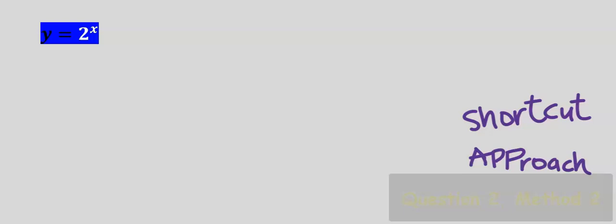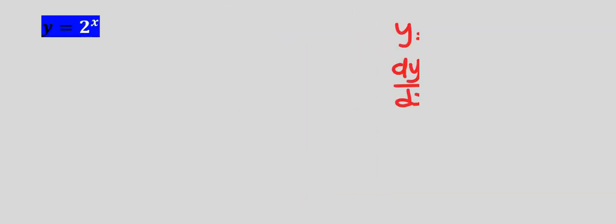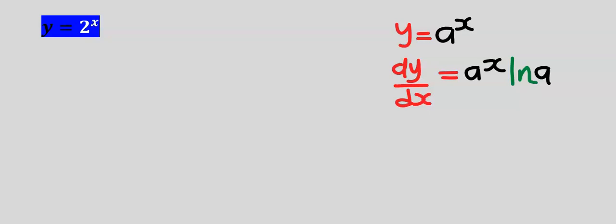Alternatively, using the shortcut approach, the basic derivative table, when you differentiate an integer to the power of x, it will give you that integer to the power of x multiplied by the natural log of that integer. Applying this concept to this question, the dy dx is bring down the given integer to the power of x.